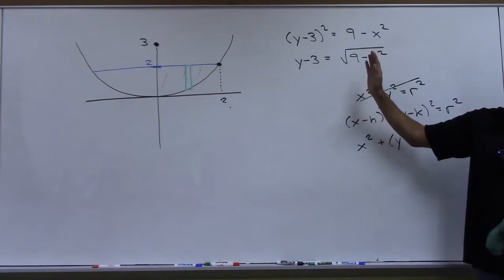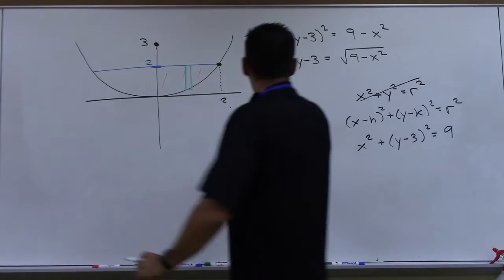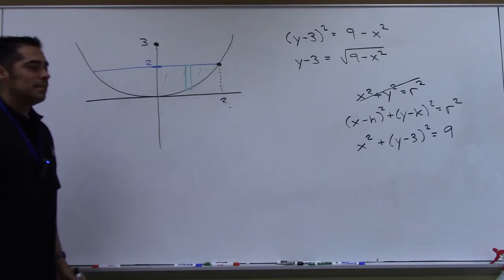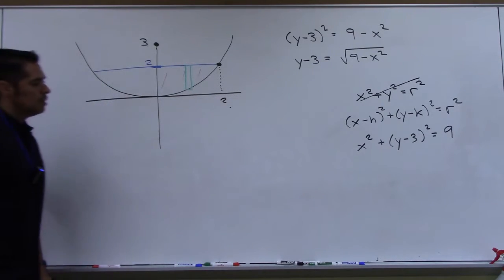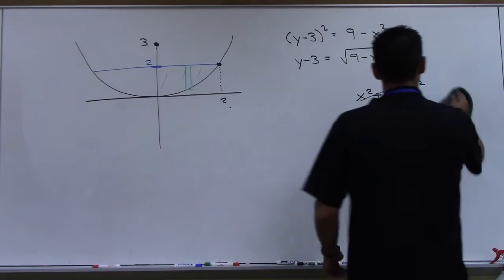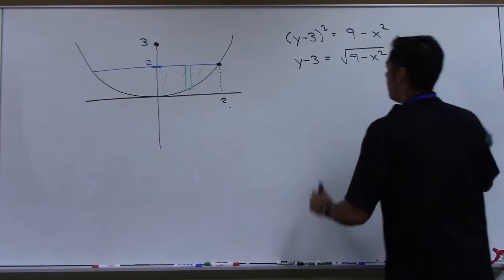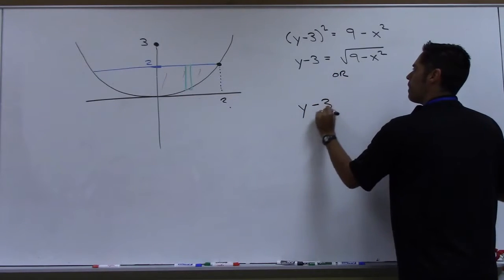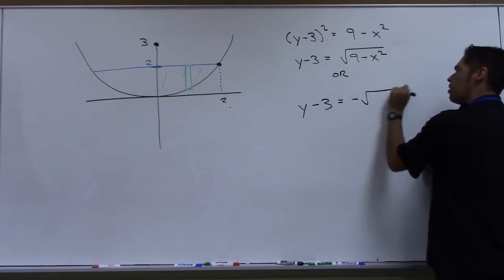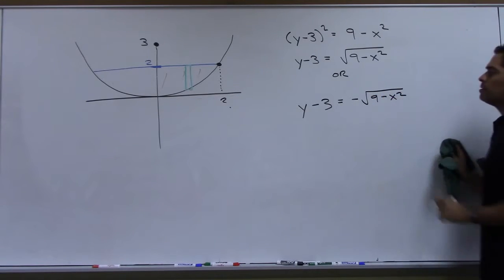Yes? All right, so which one am I going to do, the plus or the minus? Because it can't do both. Let's take a look. I'm going to put this, or it could be this. Do you agree? Could be one of those.